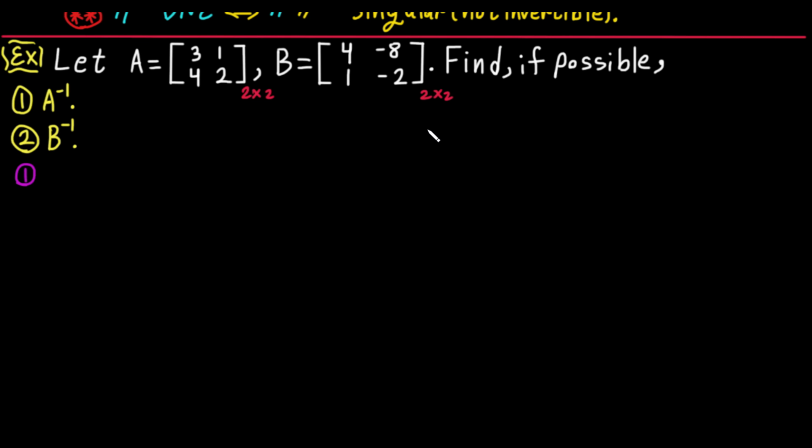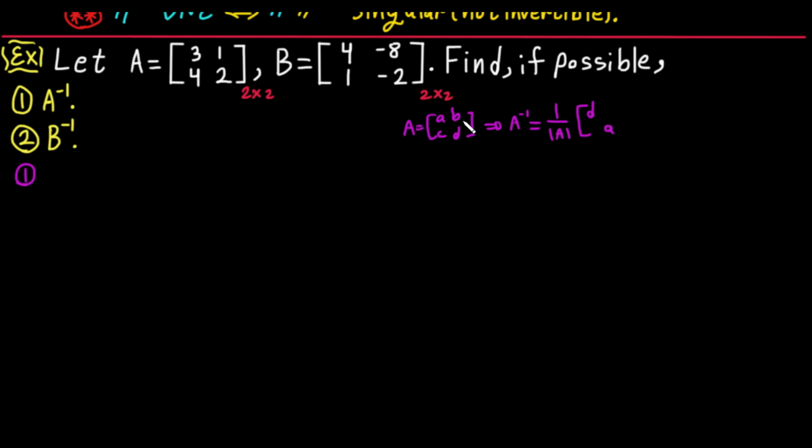So let's write the rule here again. If A, for example, is A, B, C, D, then A inverse equals 1 over the determinant of A, and here we have to swap these two.